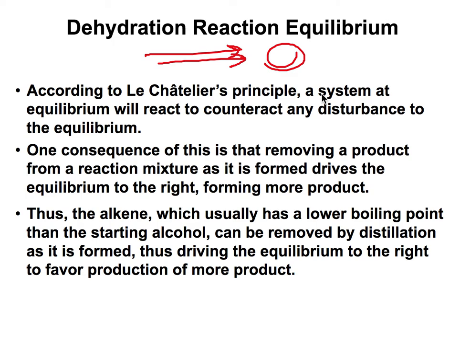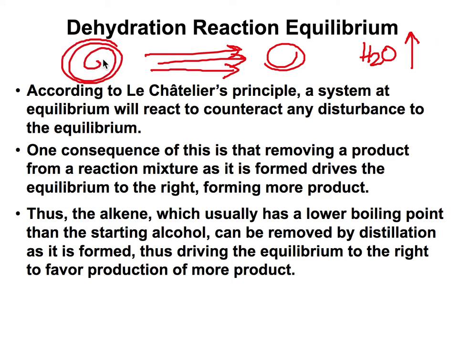Also, if we are removing the side product, which in this reaction is water, by increasing the temperature you get water and eliminate it. As you eliminate it, you are using Le Chatelier's principle to move the reaction forward, because as the water gets eliminated, more of that starting material will transform into the products.